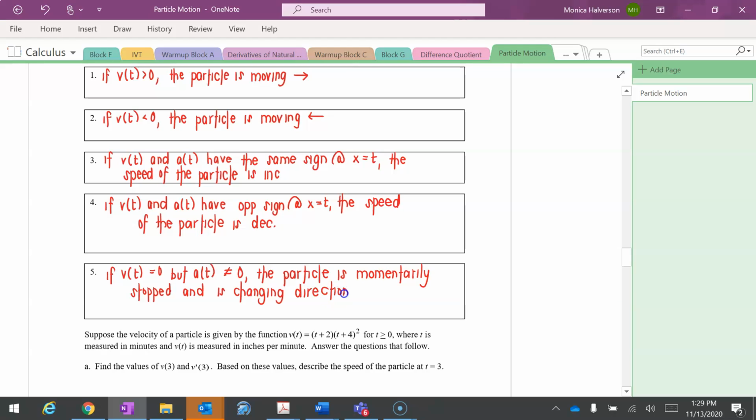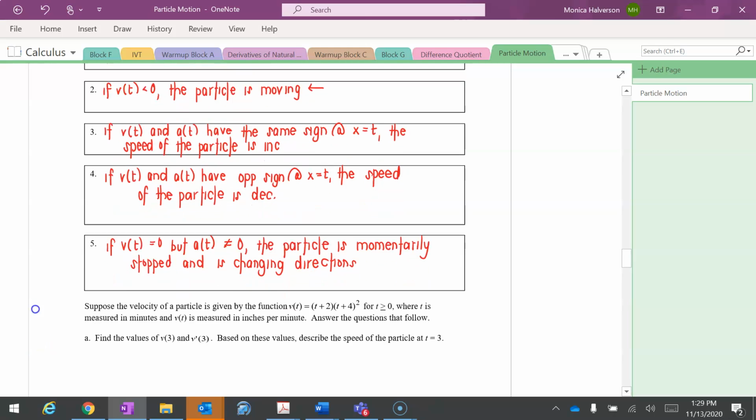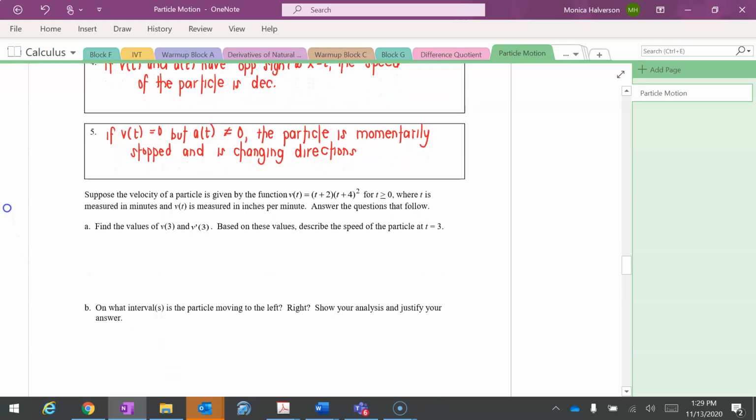These 5 commandments of particle motion are something you're going to be using often when solving these types of problems. So let's look at an example together. Suppose the velocity of a particle is given by the function v of t is equal to t plus 2 times t plus 4 squared, where t is measured in minutes and v of t is measured in inches per minute. Answer the questions below.